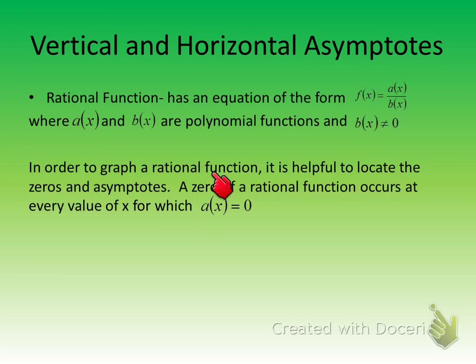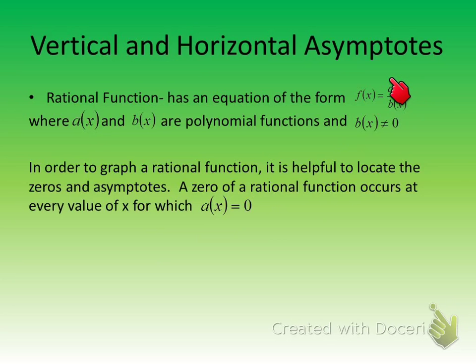In order to graph a rational function, it's helpful to locate the zeros of it and the asymptotes of it. You do those 2 things, you'll get a general idea of where the rest of the graph is. A zero of the rational function occurs at every value of x for which a of x equals 0. If you notice, a of x up here is the numerator.